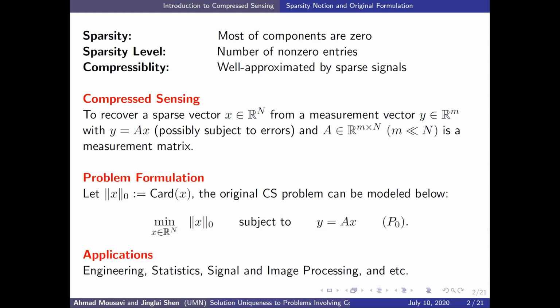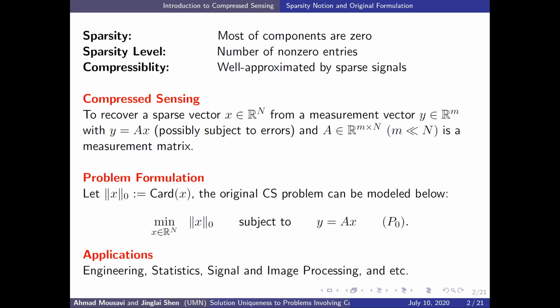Sparsity itself is a very strict constraint, and in practice, numerically, things are not exactly zero, so we go for compressibility, and that basically means you can approximate your vector with a sparse signal.